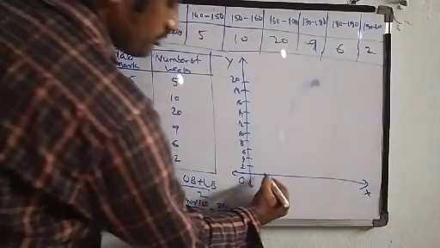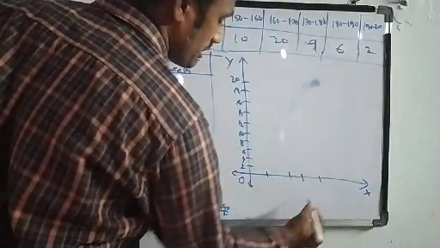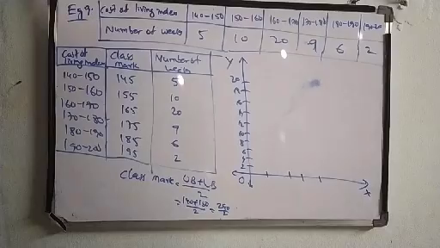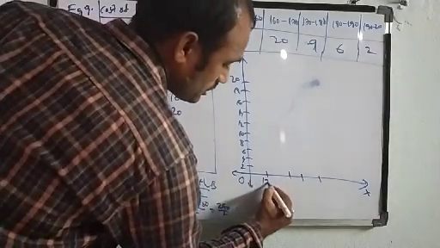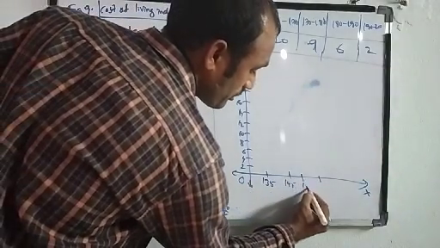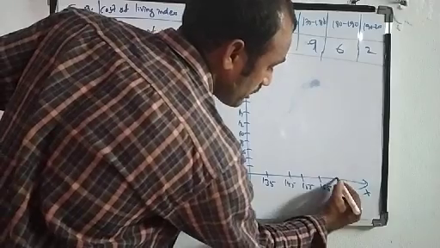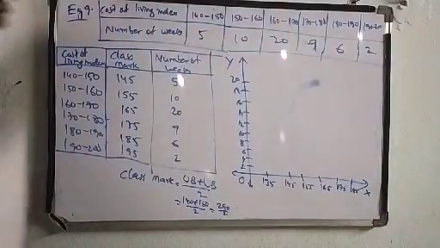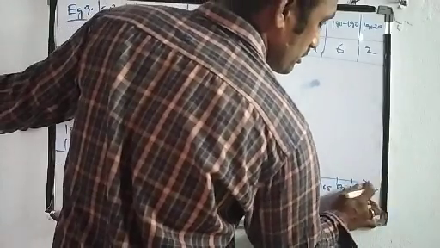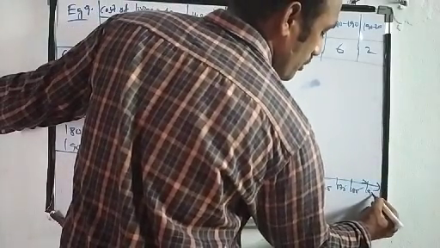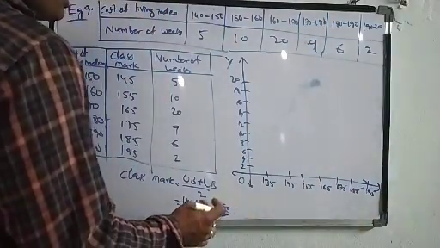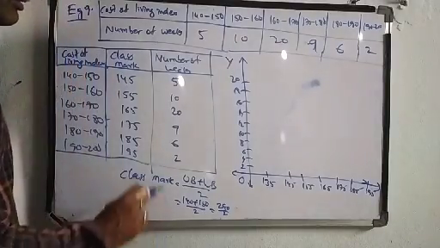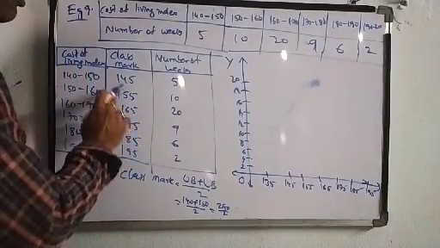On the x-axis we can take the class marks: 135, 145, 155, 165, 175, 185, and the last one is 195.